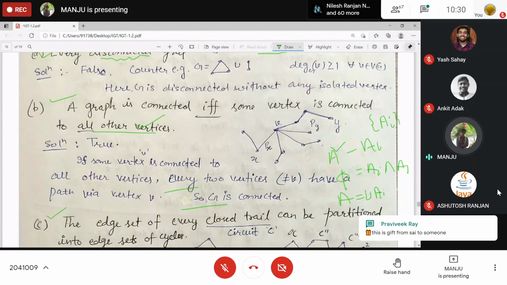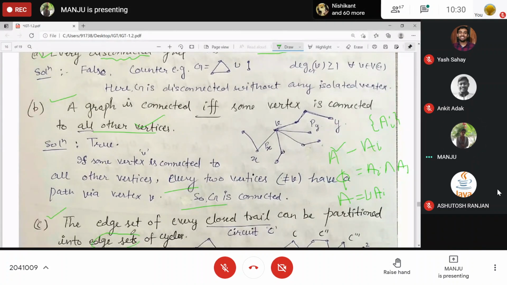Now tell me, it is asking about edge set. Try to draw some closed trail, that is a circuit, and check whether you are able to partition it into cycles or not.